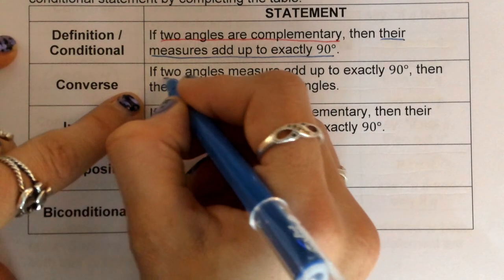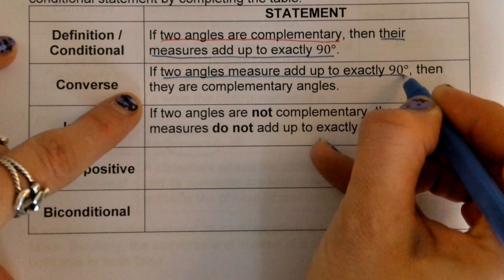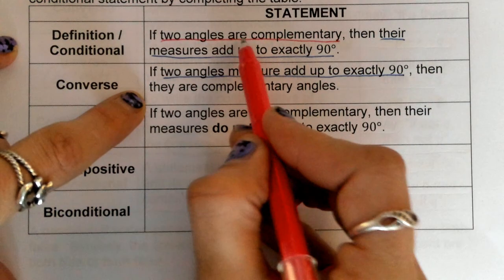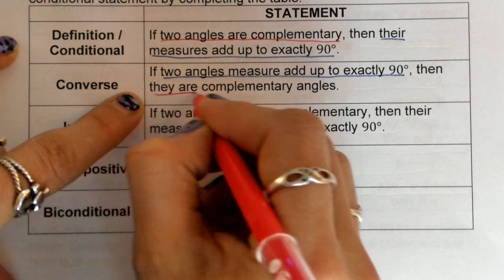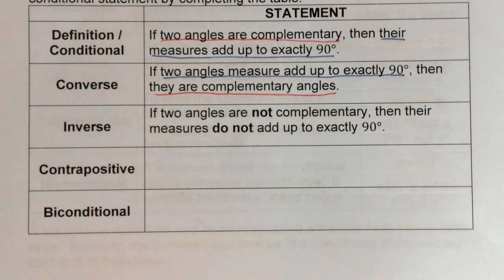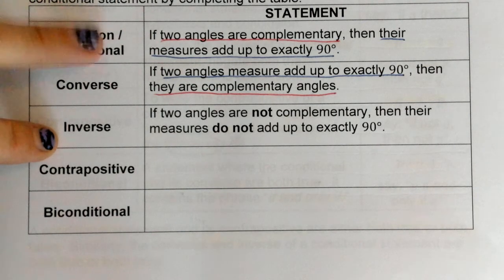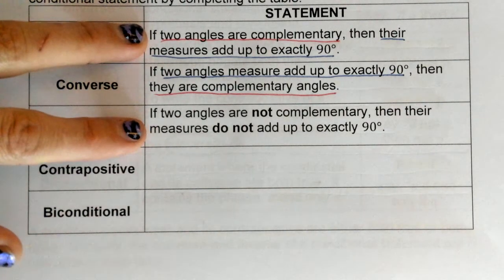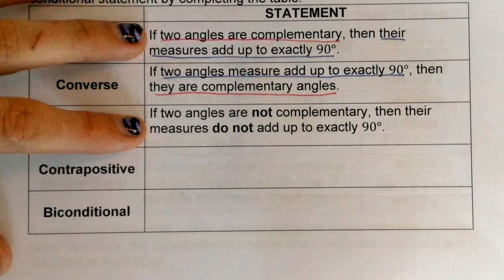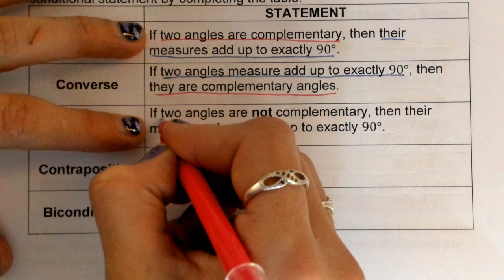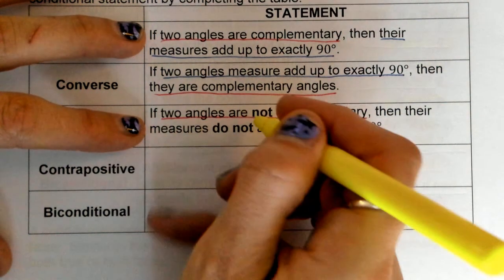So we said if two angles' measures add up to exactly 90 degrees, then they are complementary. The inverse, we took that conditional statement and said the opposite. So instead of if two angles are complementary, we said if two angles are not complementary.